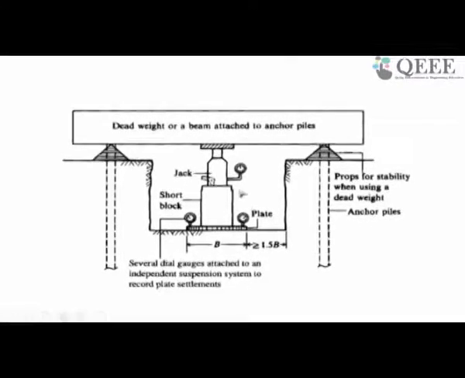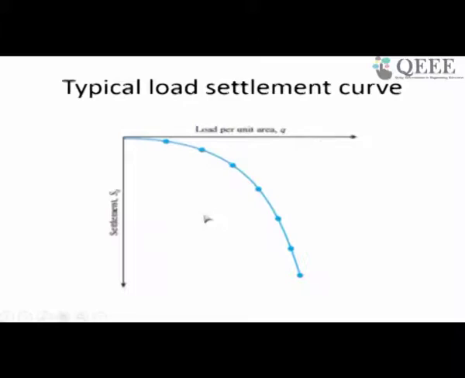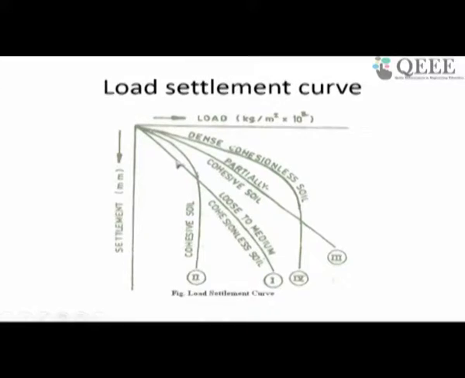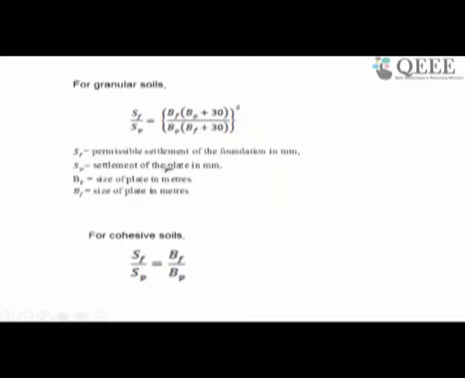As you can see here, a jack is used to load a plate kept in a pit, and the corresponding load deformation through these dial gauges is recorded, and from this load settlement characteristic the bearing capacity corresponding to a particular settlement limit is calculated. Now, some load settlement curves for different kinds of soils were discussed, and the concerned equations used to find the bearing capacity were already discussed.